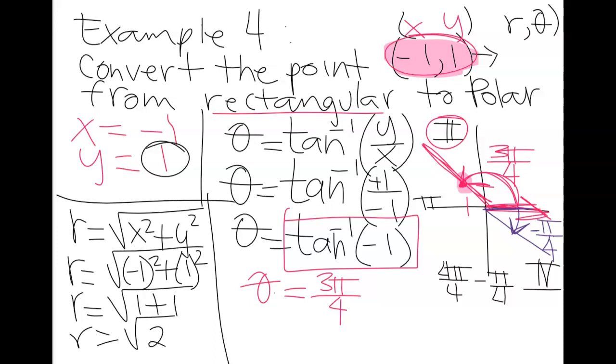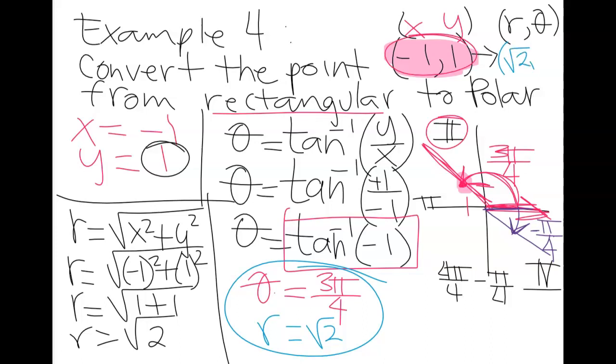And the square root of 2, that will be r. So that's what we will use to write down our point in polar form. So it's going to be the square root of 2 comma 3 pi/4.